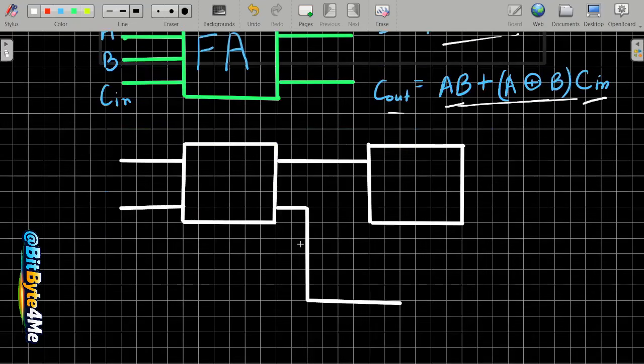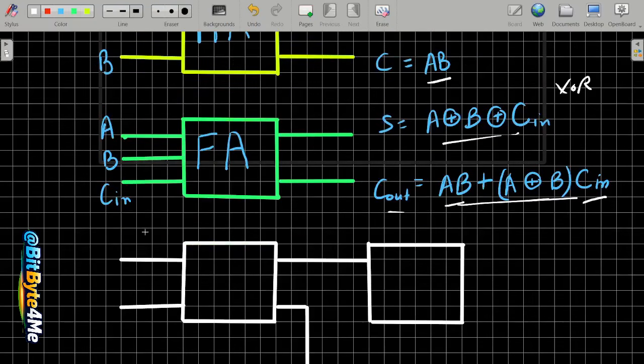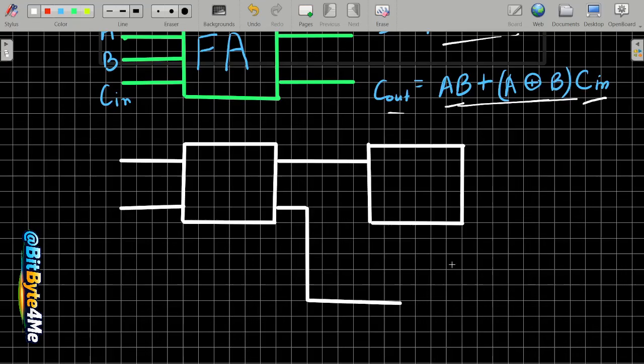So now we want to make a full adder. This is the half adder and this is the full adder. We want to make a full adder by using two half adders. So if we have this circuit, we have two inputs to the half adder. This is the half adder and the output will be A exclusive OR B, and we give it to another half adder, and the second output will be the carry, which will be AB.